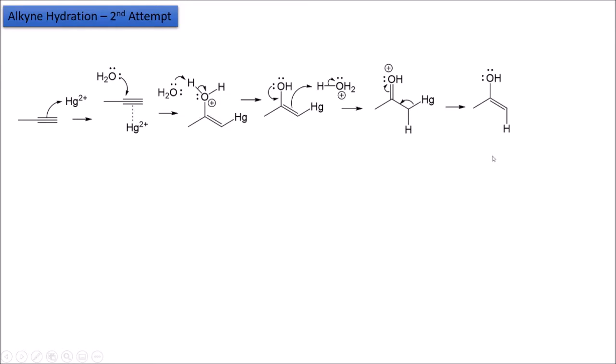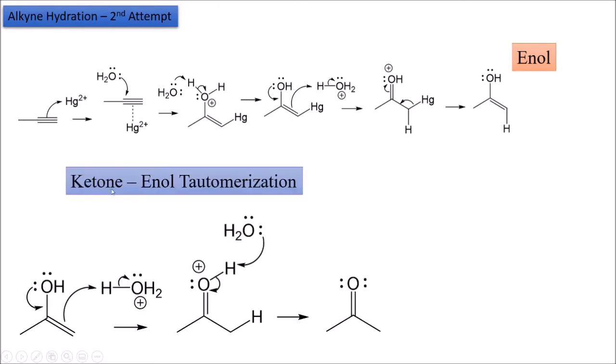This is not where the reaction stops. Okay? So an enol is a special name of a molecule where you have both the alkene and the alcohol attached to the same carbon. And these particular compounds are not stable, and they will self-destruct. They do it through a process called ketone-enol tautomerization, or more commonly just tautomerization.